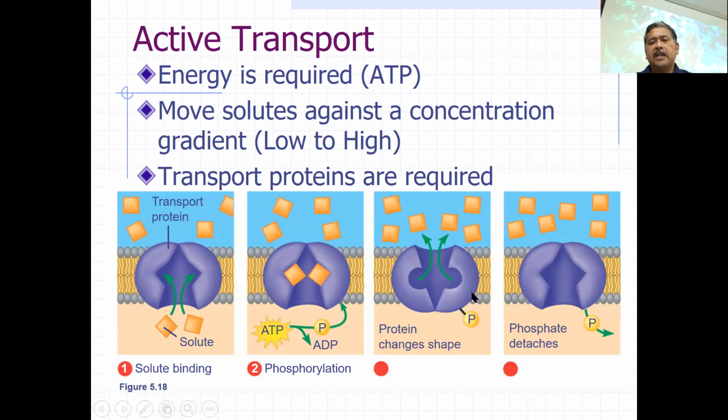In this case, it attaches to the protein and causes a change in shape of the protein. And so in this particular example, when this protein changes shape, it releases those guys, the solute, to the environment. So phosphorylation is the movement of a phosphate group.